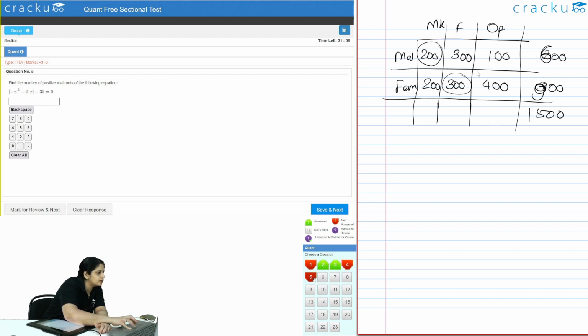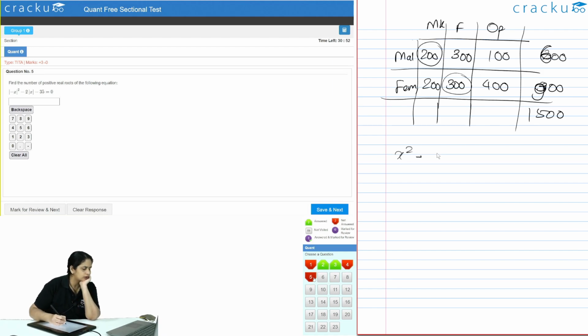Find the number of positive real roots of the following equation. x squared minus 2x modulus of x minus 35. The square of minus x is essentially x squared. So this will be essentially x squared minus 2 modulus of x minus 35.